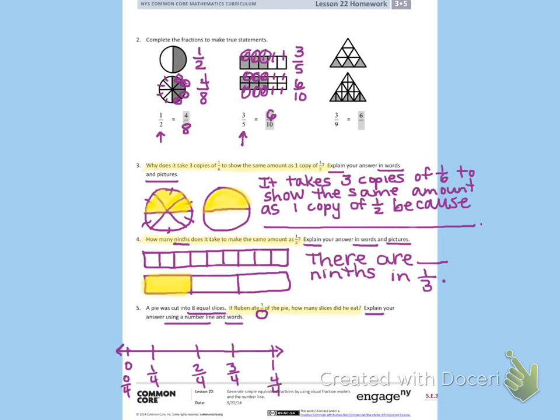Now I'll divide the number line into eighths, since it said that the pie was cut into 8 equal slices. Since the number line's already in fourths, I know that if I cut each of those pieces in half, it'll be 4 plus 4, which is 8. But let me check. 1, 2, 3, 4, 5, 6, 7, 8.